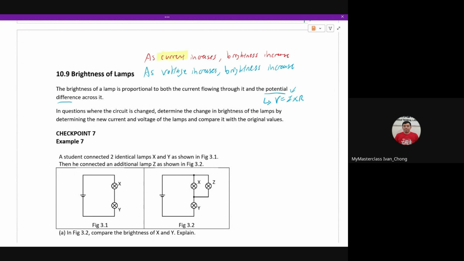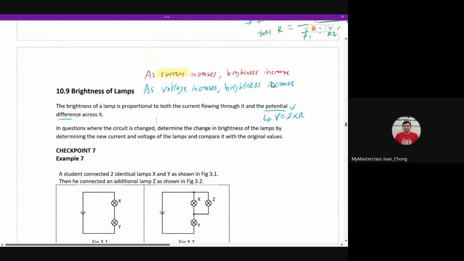So normally when we describe brightness or anything else related to applications, most of the time we link it back directly to current itself, because even your voltage depends on current. Unless the question only gives you voltage, or you're more familiar with using voltage, then use the voltage explanation itself. So you can see as current increases, brightness increases.